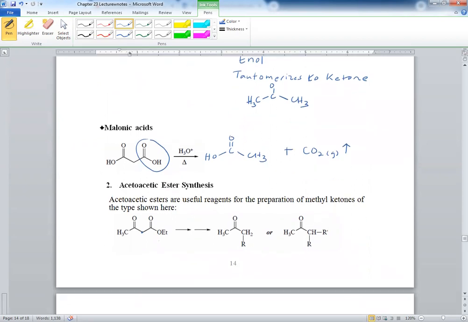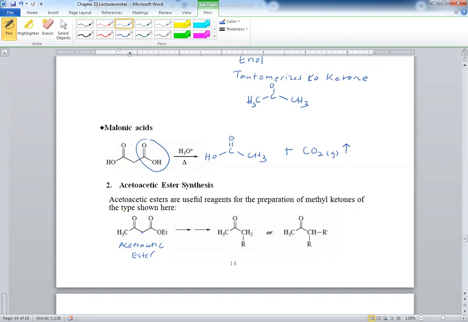Now let's talk about acetoacetic ester synthesis. This is acetoacetic ester. We already mentioned it a few times. Acetoacetic esters can be used to prepare methyl ketones of the types shown here.